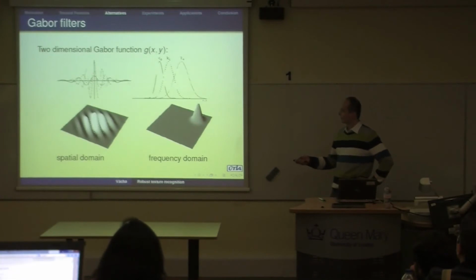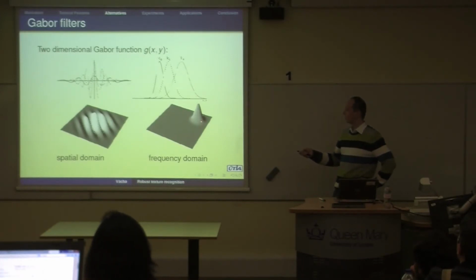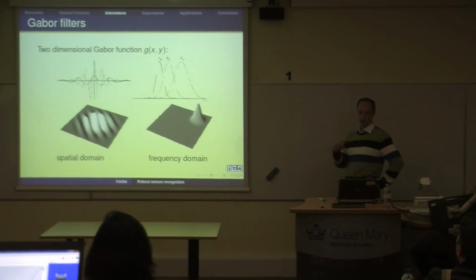And the important thing is that if we compute the Fourier transformation of this filter, we can see that it is very well localized in terms of frequency and orientation. This means that if you convolve this filter with your image, you get the edges under a certain scale and orientation.